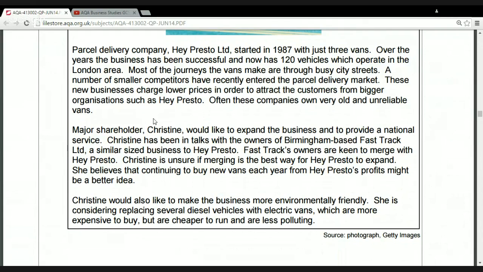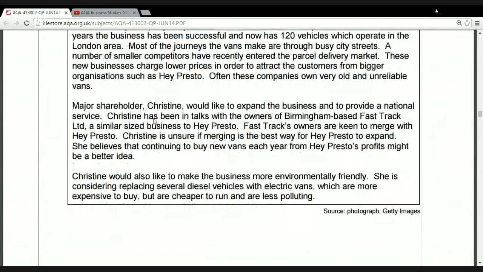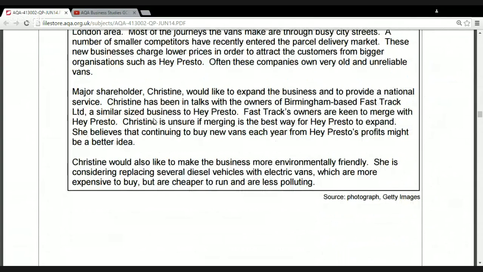She believes that continuing to buy new vans each year from Hey Presto's profit might be the better idea. Christine would also like to make the business more environmentally friendly, considering replacing several diesel vehicles with electric vans, which are more expensive to buy but are cheaper to run and are less polluting.